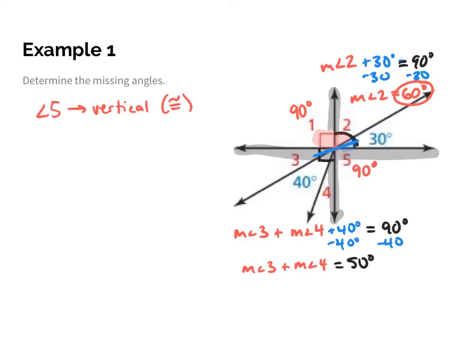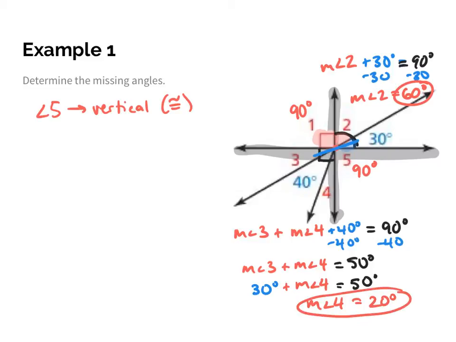This intersecting line here and that intersecting line there, which means that angle 3 is vertical to 30 degrees. So based on that, I know that angle 3 also has to be 30 degrees. That means angle 4 has to sum with 30 degrees to give me 50. And based on that, I know that the measure of angle 4 has to be 20 degrees.